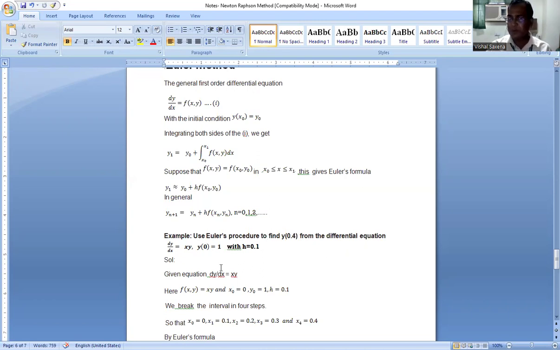In this question we are also given that h equals 0.1. One by one, we have to understand how to apply this method to this question.